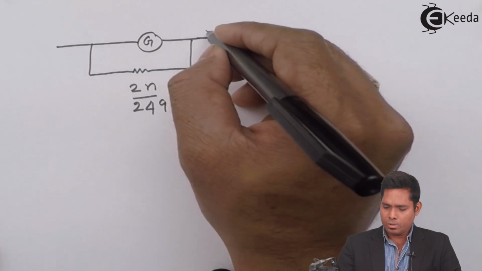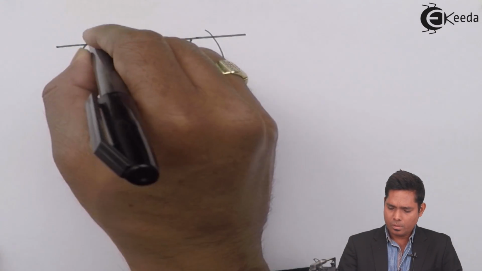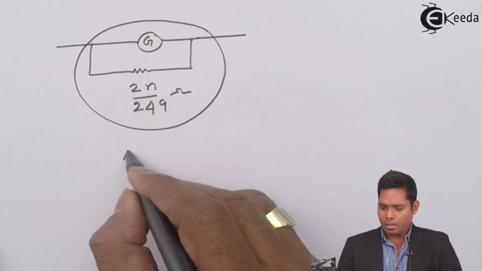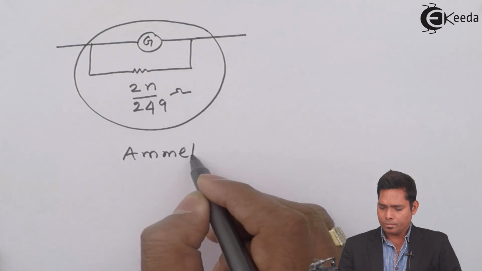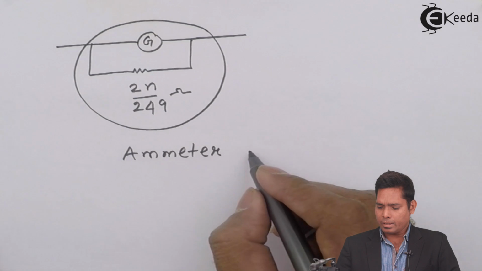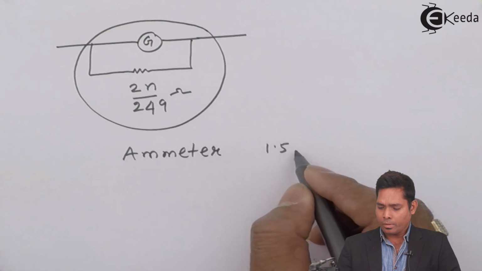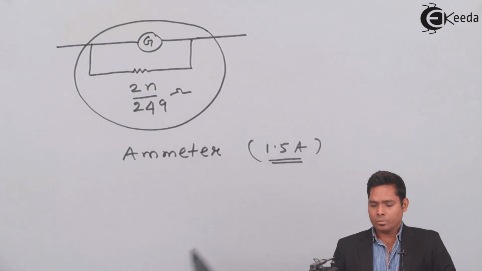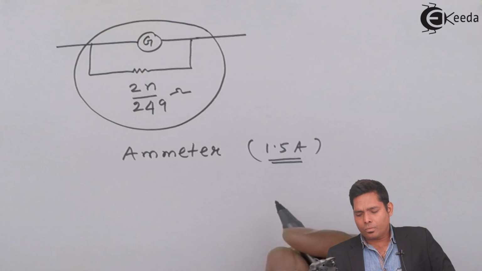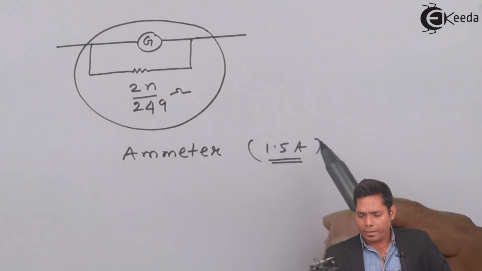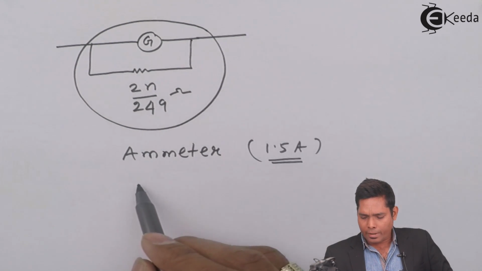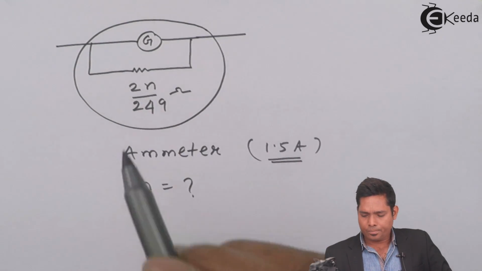So this becomes an ammeter which can measure up to 1.5 ampere. So we have to find the value of this N.